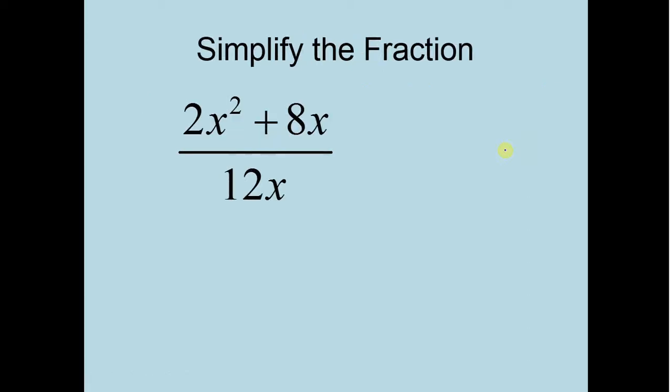Let's try it again. Let's simplify this fraction. I have 2x squared plus 8x over 12x. So I'm going to factor out a 2x on the top, because they both have 2's in common, both have an x in common. So I'm going to have x plus 4 on the top. How do I factor out a 12x?